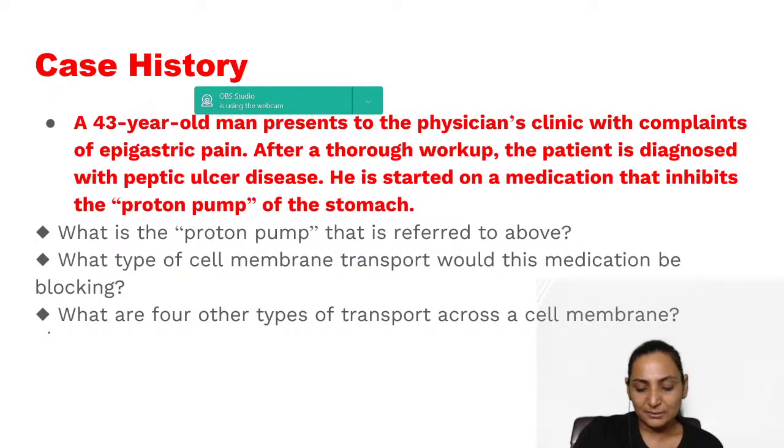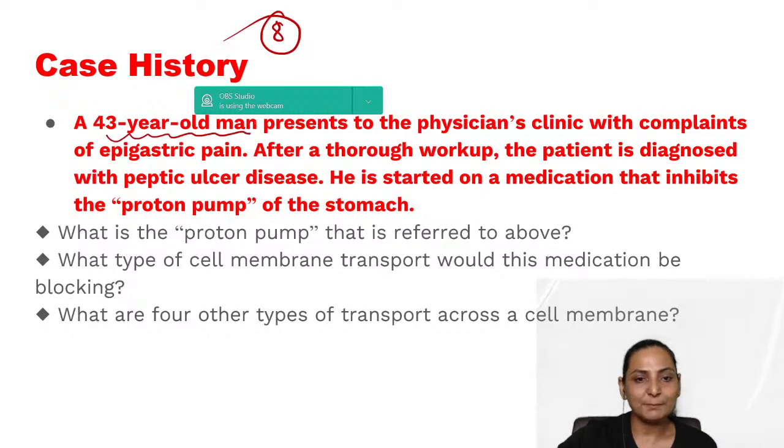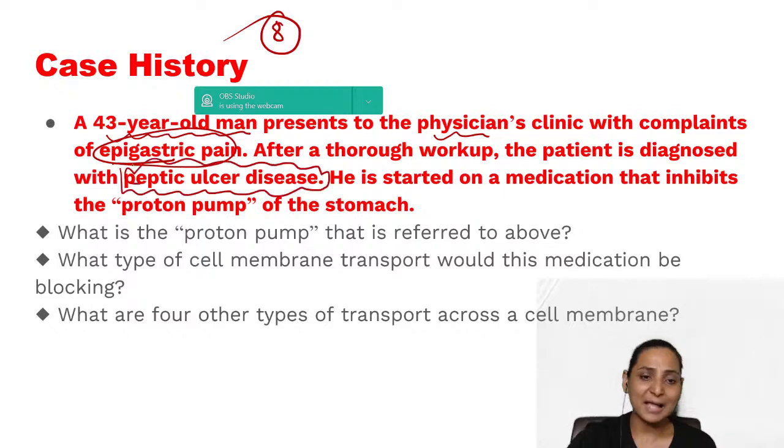Now let us see, if I give you a case history, suppose I am giving you this as an 8 marks question, I am putting a clinical history in front of you. A 43-year-old man presents to the physician's clinic with a complaint of epigastric pain, right? And after a thorough workup, the patient is diagnosed with peptic ulcer disease. So what I have done over here is I have given you the diagnosis that it is peptic ulcer disease.